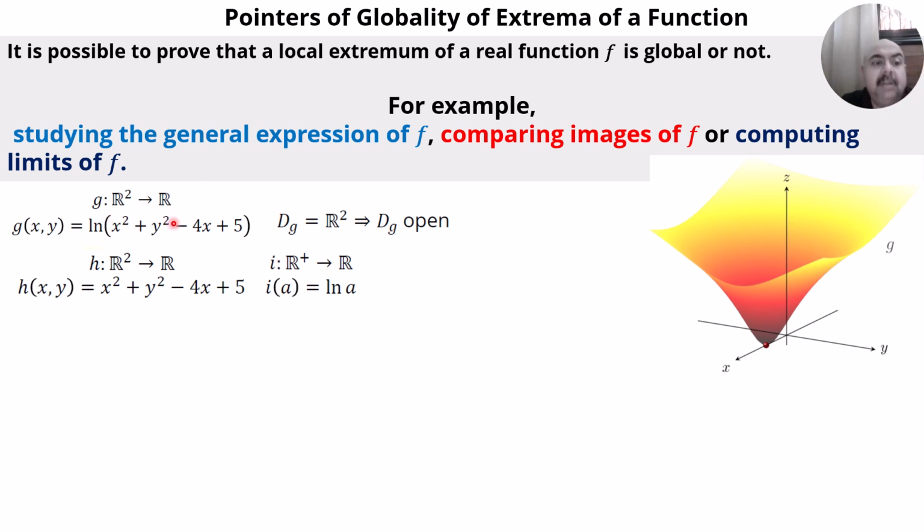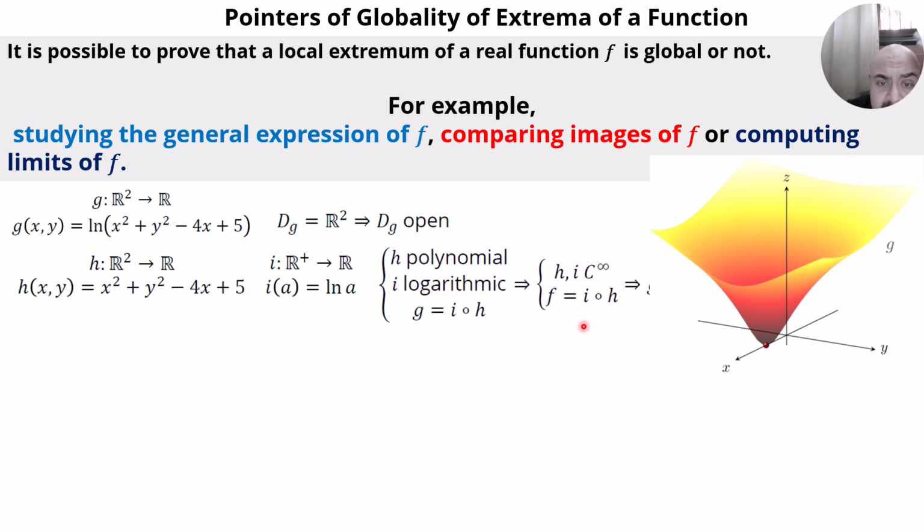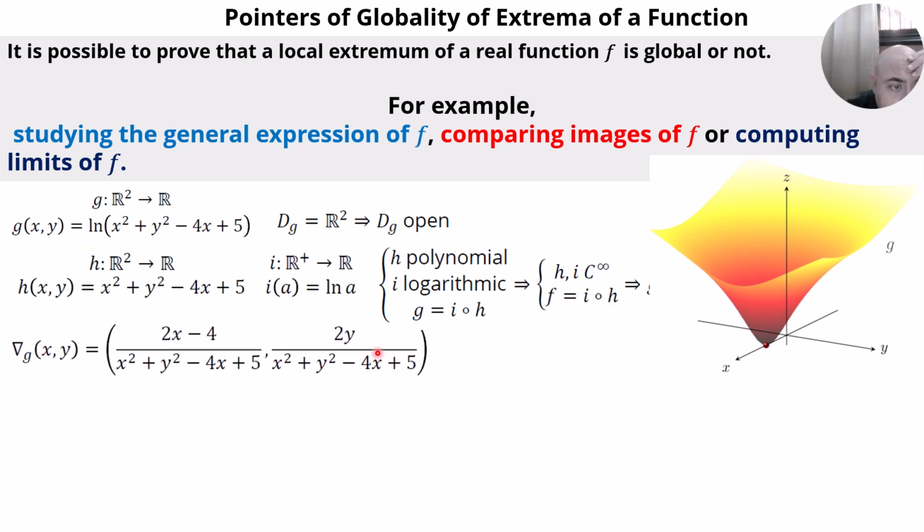The function inside the logarithmic is a polynomial and it is of C infinity, so x square plus y square minus 4x plus 5. And we have the ln of A. So this is C infinity open domain. But for the ln to work, the input function must be greater than 0. So a polynomial and a logarithmic, f composite of h وجي I composite h.